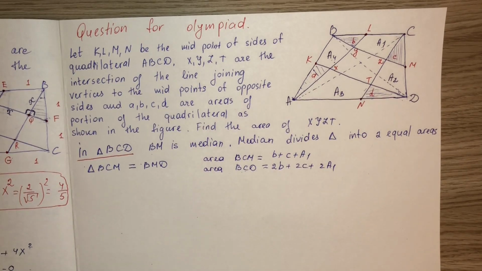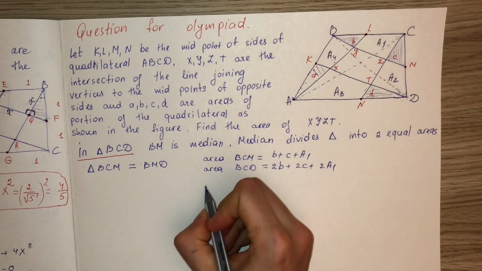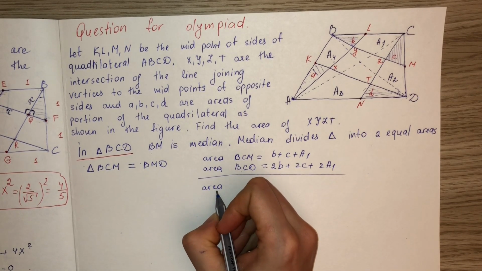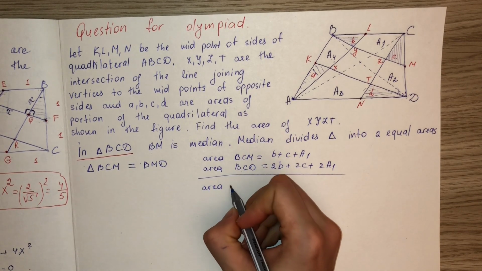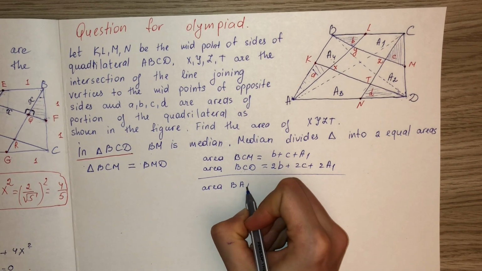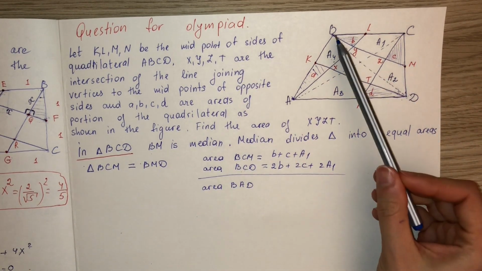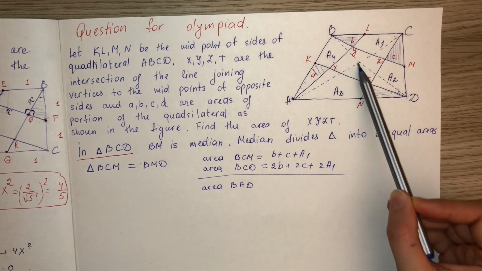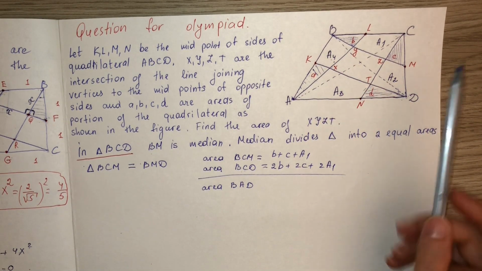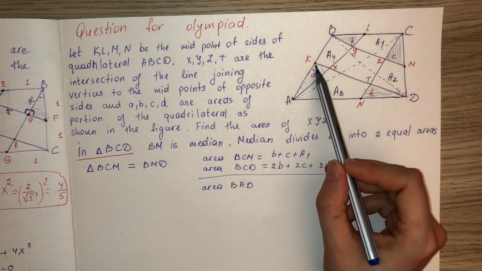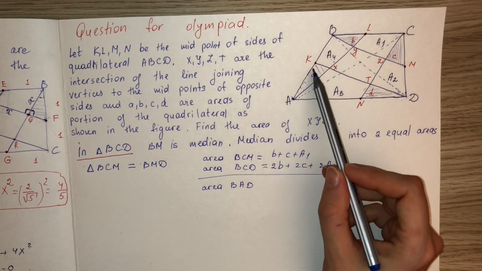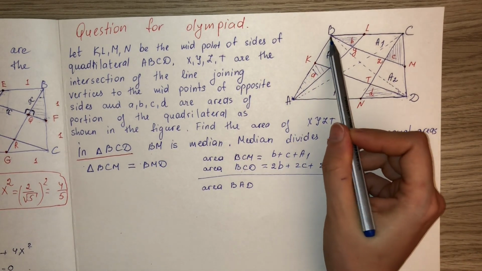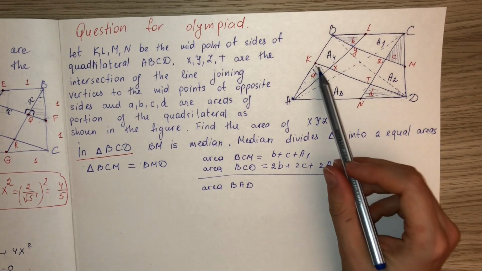Also, the area of BAD, B, A, and D, is equal to the area of DKA plus the area of BDK.